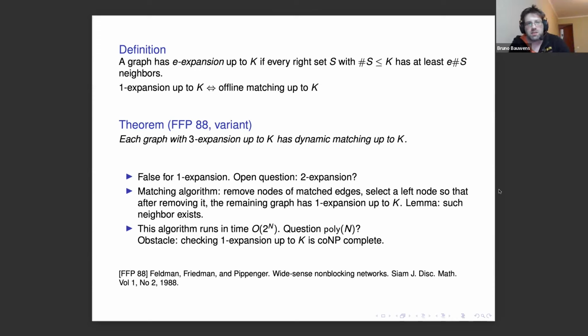Okay, so then let's go to our main result. As I said, we need a slightly weaker conclusion. We have dynamic matching up to k with a small amount of overlap. Next slide.